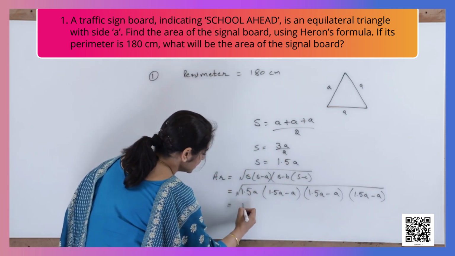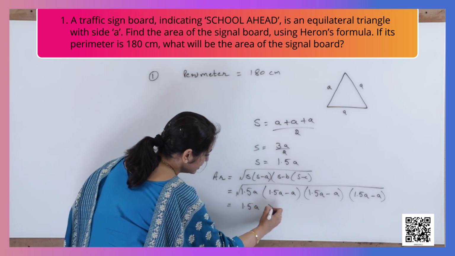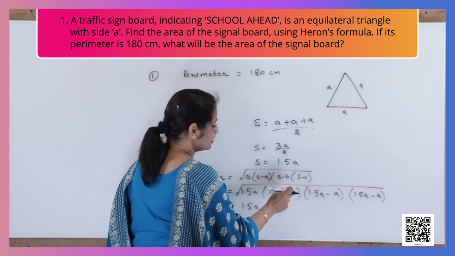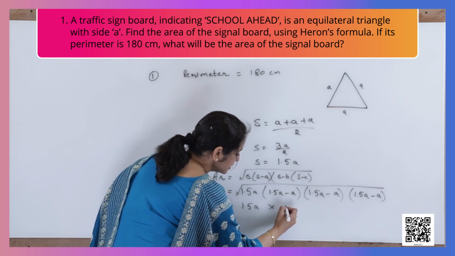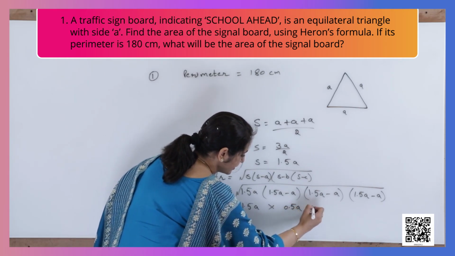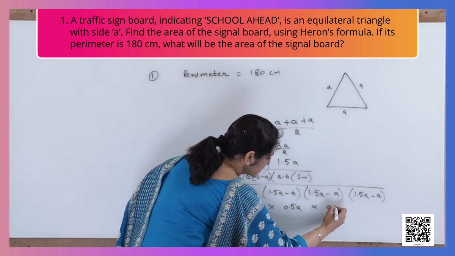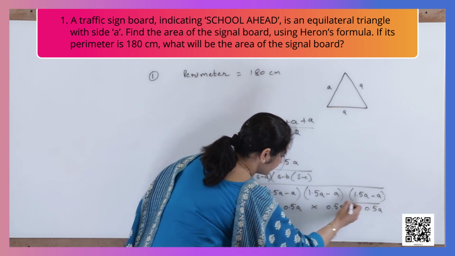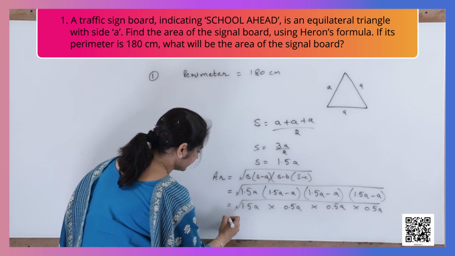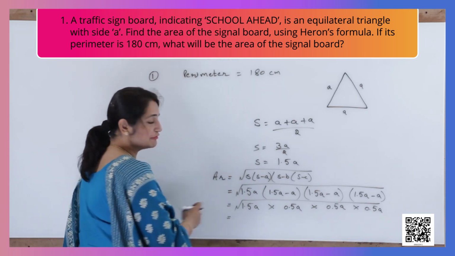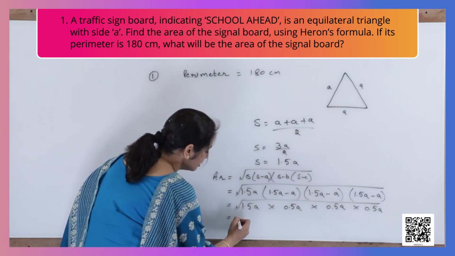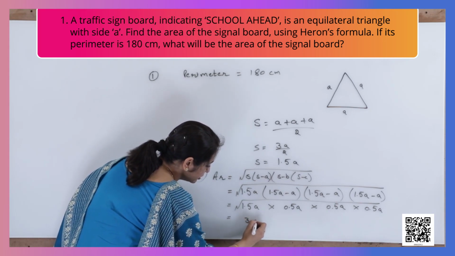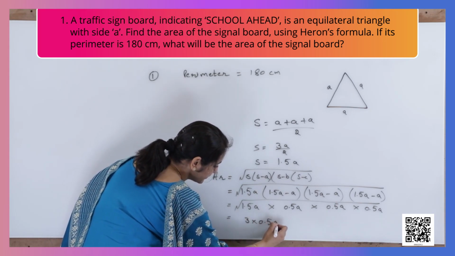Now solving this, we will have 1.5A multiplied by (1.5A minus A) which will give us 0.5A. Same here, 0.5A, and here again 0.5A, square root. Now making the factors of 1.5A, we can write 3 into 0.5A.